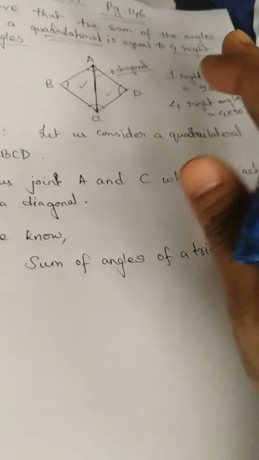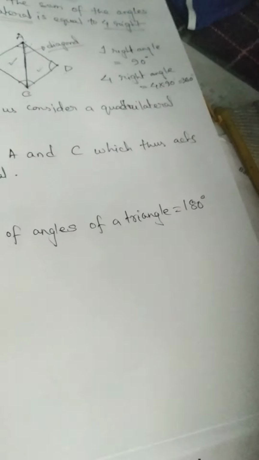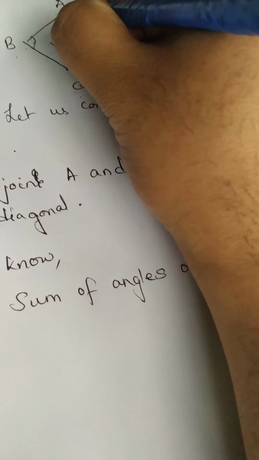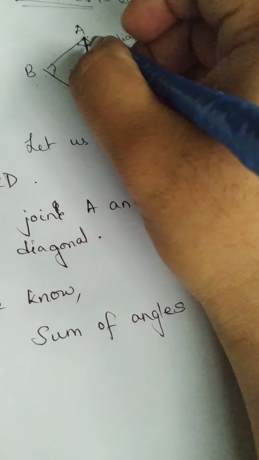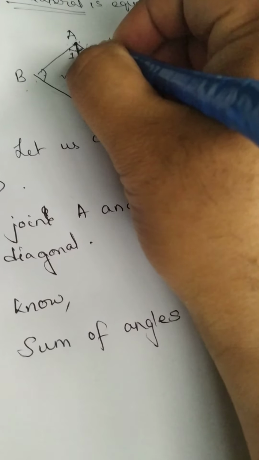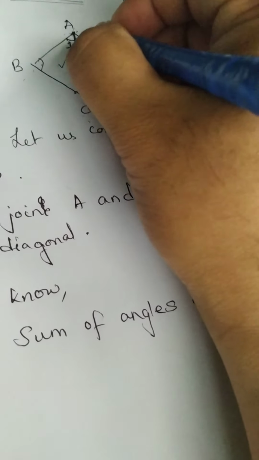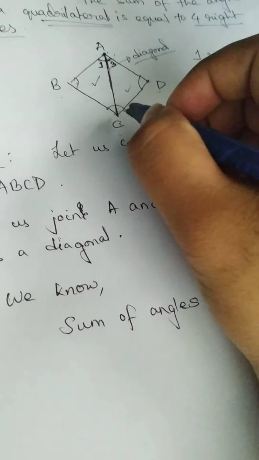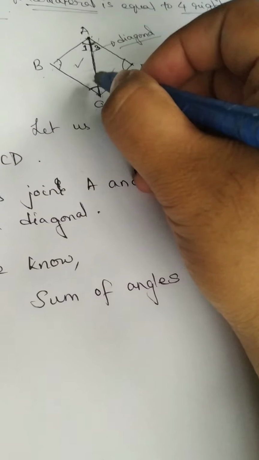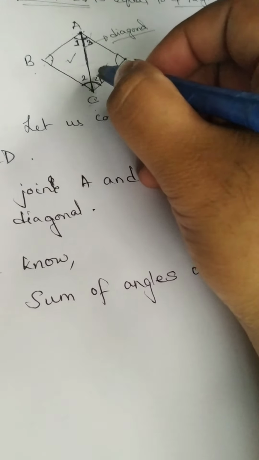We know that the three angles of a triangle add up to 180 degrees. So let us divide angle A into two angles. Suppose this angle is 1 and this angle is 3. Similarly, we can name the two angles at C: this particular angle is 2 and this particular angle is 4.